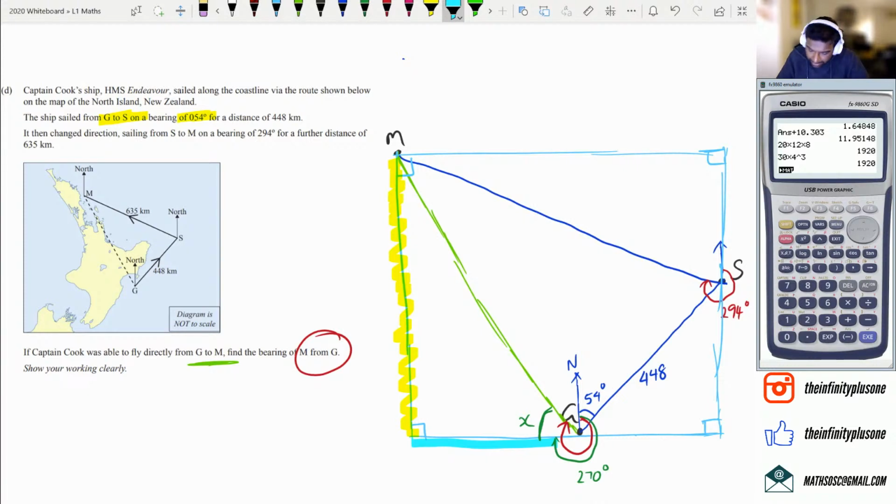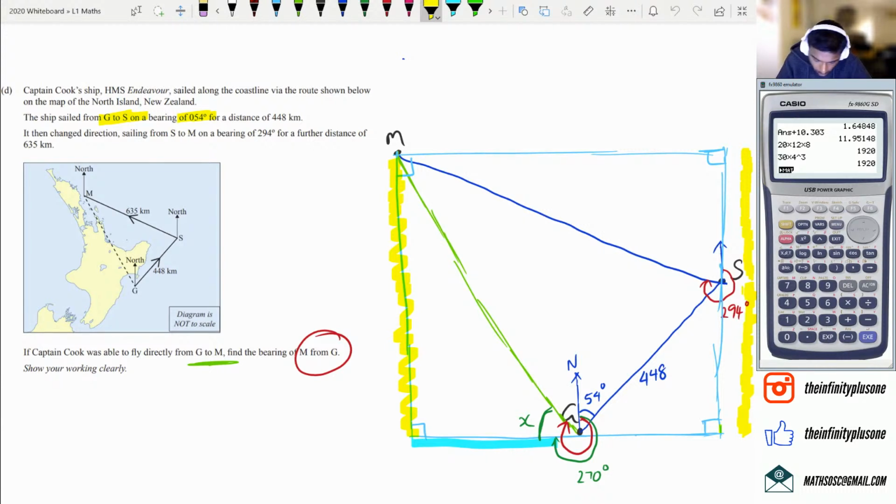The next thing is, how am I going to work out the yellow side? To work out the yellow side, I could use the first triangle here and work out the first part of the yellow here. So that's using the first triangle. Then I can work out the second part of the yellow from the second triangle.